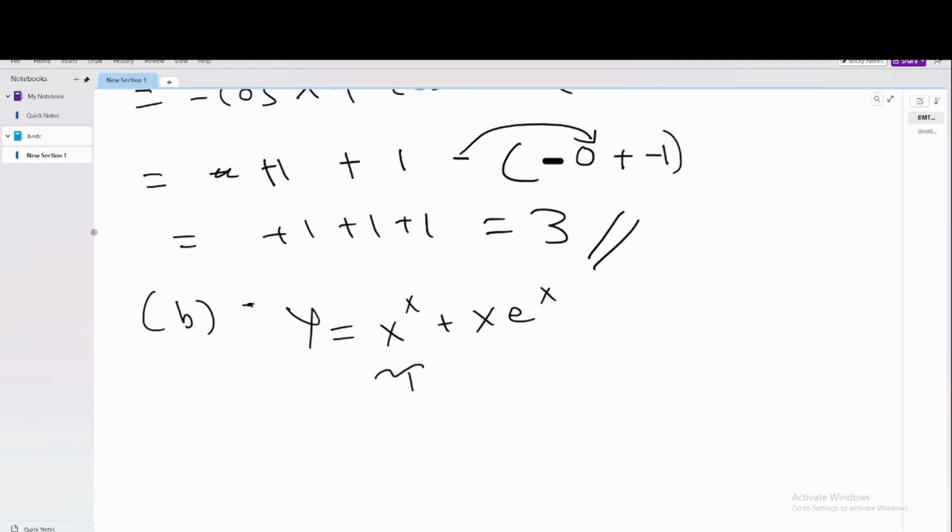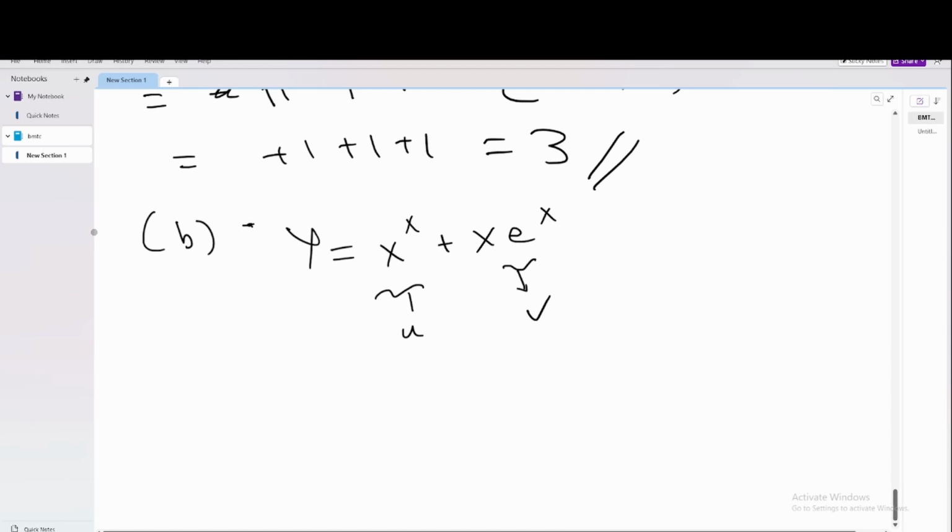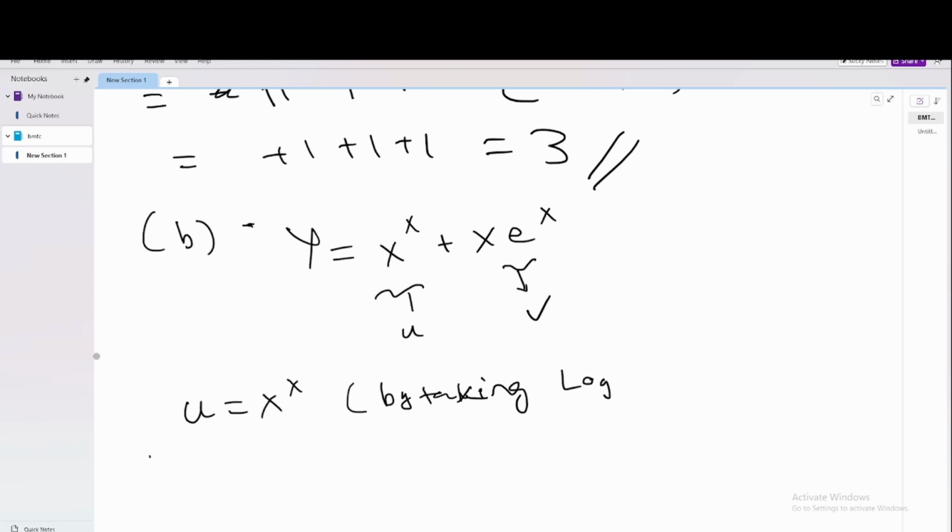Firstly, we differentiate this term as u and this term as v. So u is equal to x raised to x, by taking logarithm on both sides.